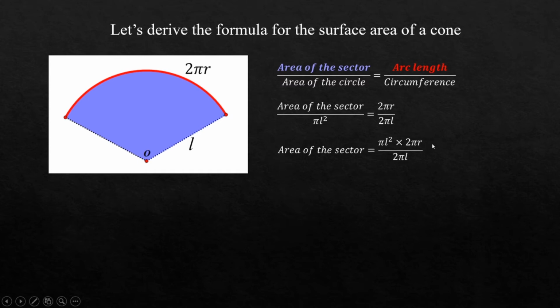So we try to simplify a little. The pi L squared will be multiplied by both sides, so it comes to the top here.